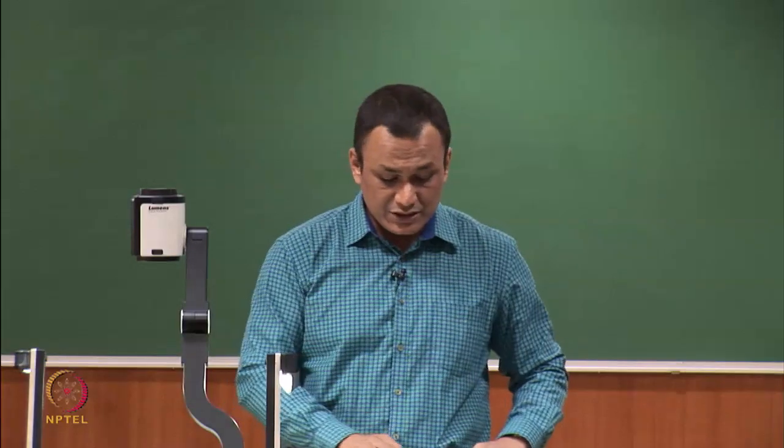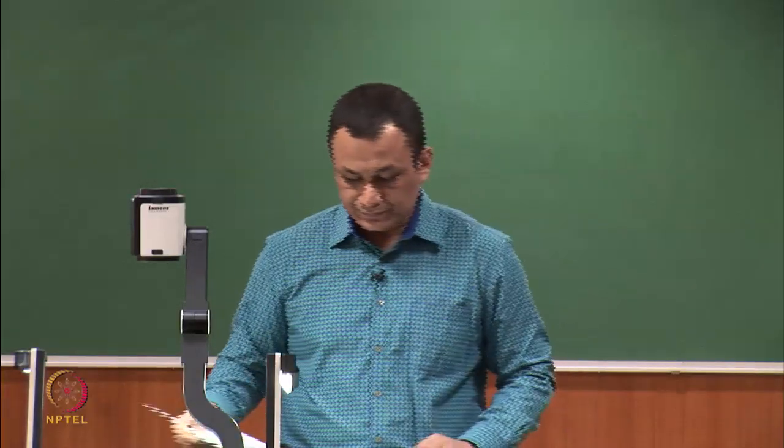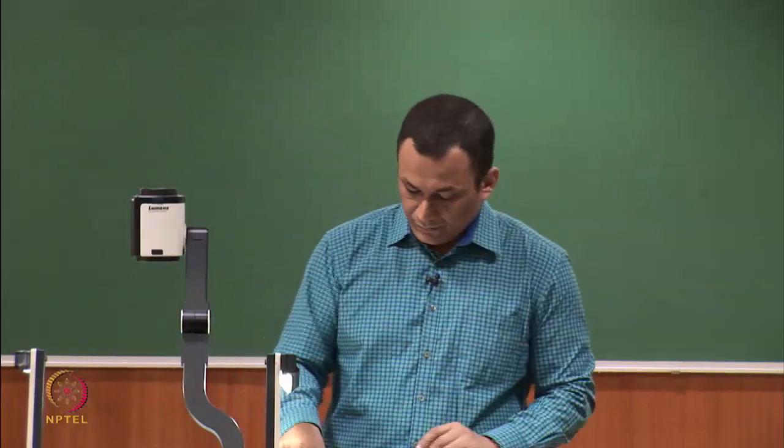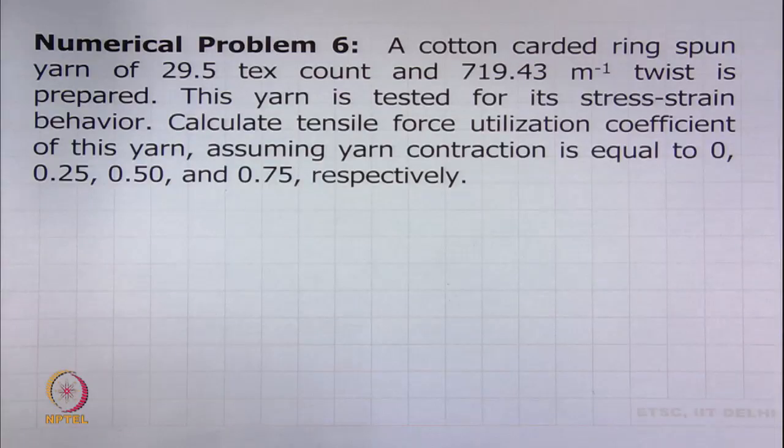Now, we are going to solve numerical problem 6 of this module. This problem reads as follows: a cotton carded ring spun yarn of 29.5 tex count and 719.43 meter inverse twist.